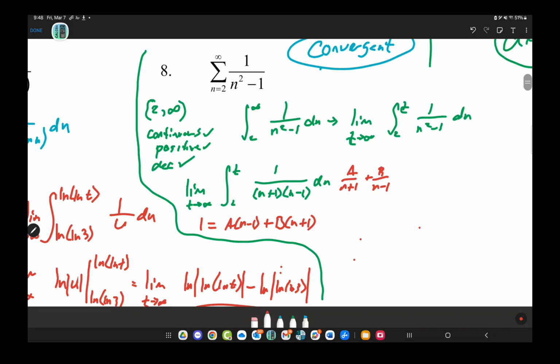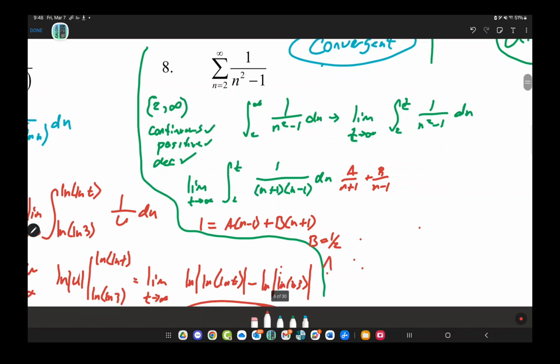We take our zeros and plug them in and see what we get for A and B. So if n is 1, that would cancel this out and give us 2 times B equals 1, so B would have to be 1 half. Now if n is negative 1, we would get negative 2A is equal to 1, which gives you A is negative 1 half.